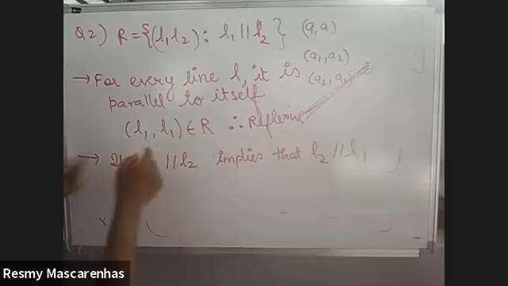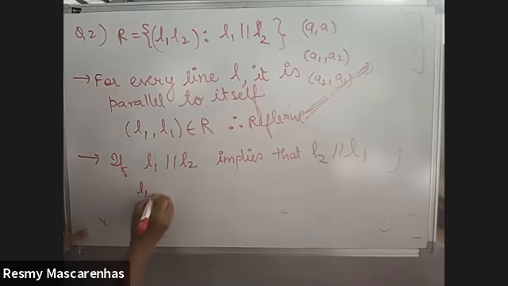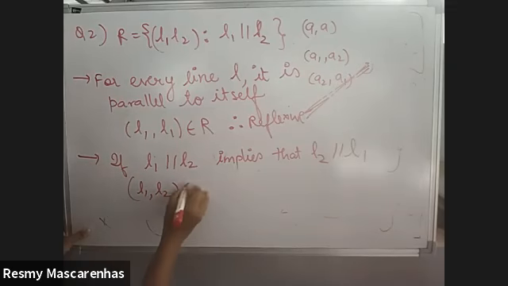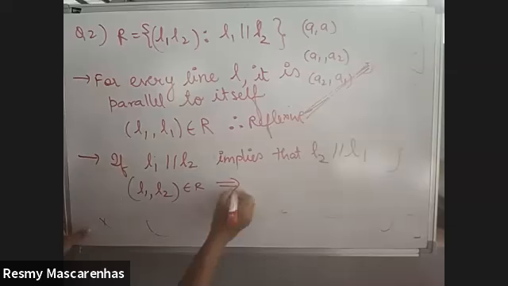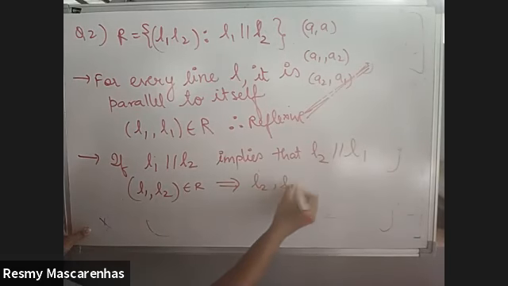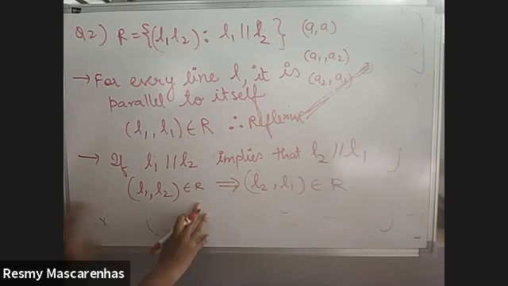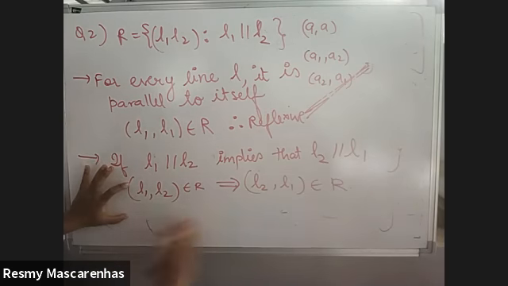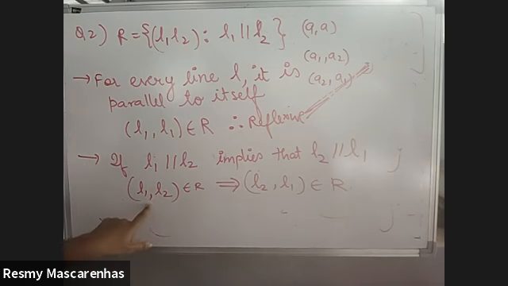So that's why this is the main condition you have to write: if L1, L2 belongs to R, implies that L2, L1 belongs to R. This is a fixed format. You have to remember this somehow. Symmetry, if you have understood, is nothing but the same definition you have to write again. Instead of A1 and A2, I am just using L1 and L2 because they have given it as L1 and L2.